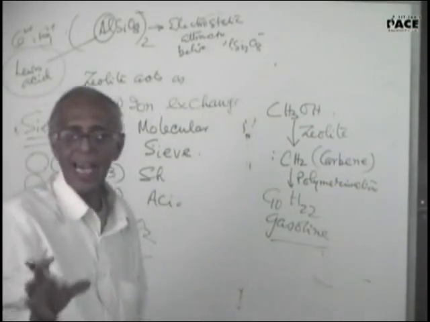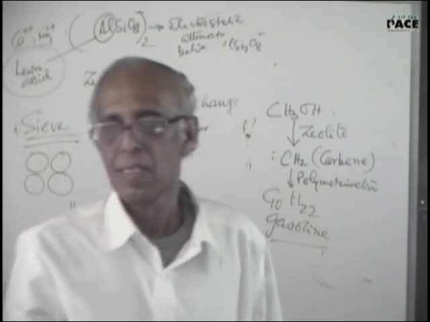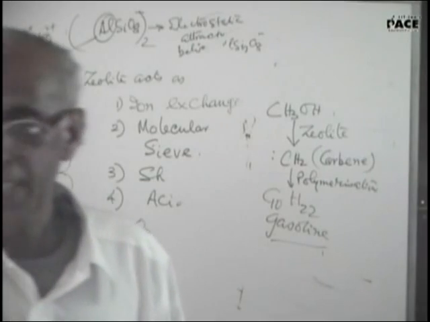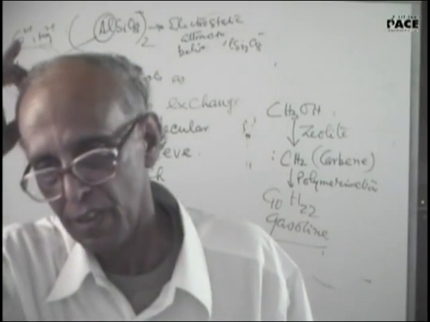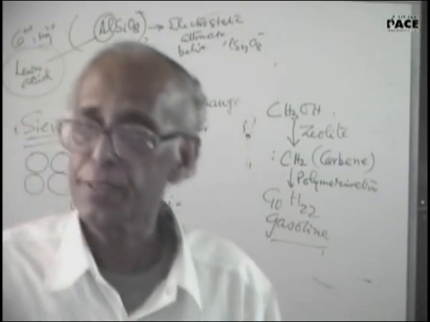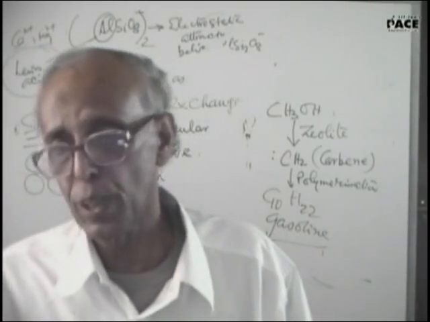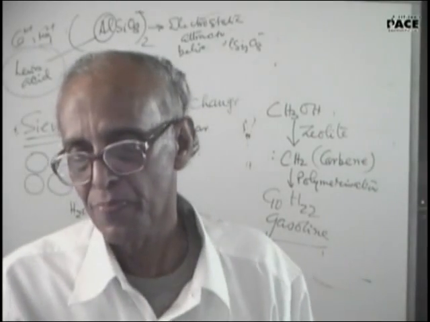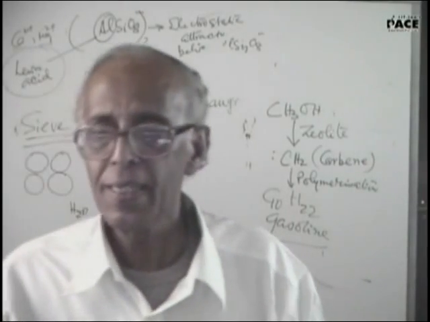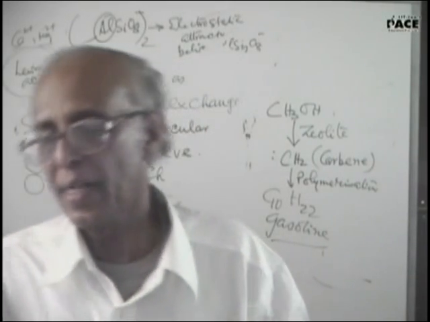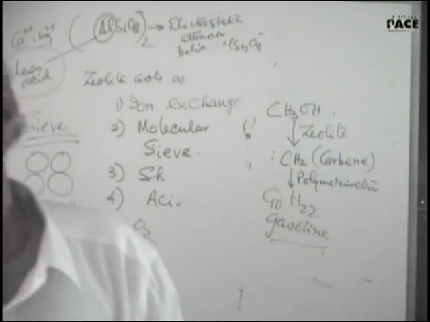So the fuel gasoline has the C10H22 fraction. So the zeolite can convert methanol to gasoline by dehydration reaction to form carbene, and carbene undergoes polymerization and gives rise to synthetic gasoline.